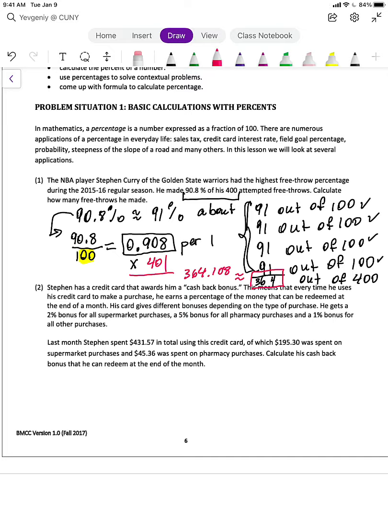Let's go to the second question. So this is an application involving a credit card. It's offering you a cashback bonus. This means that every time he uses his credit card to make his purchases, he earns a percentage of the money that can be redeemed at the end of the month.